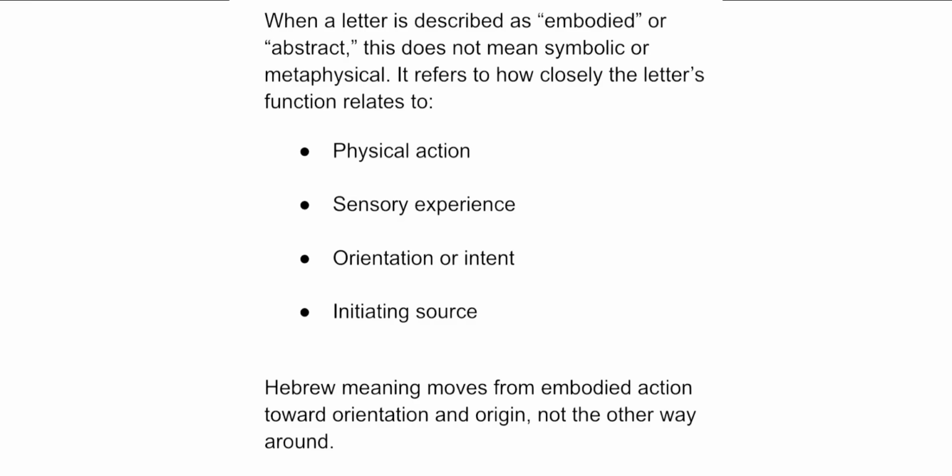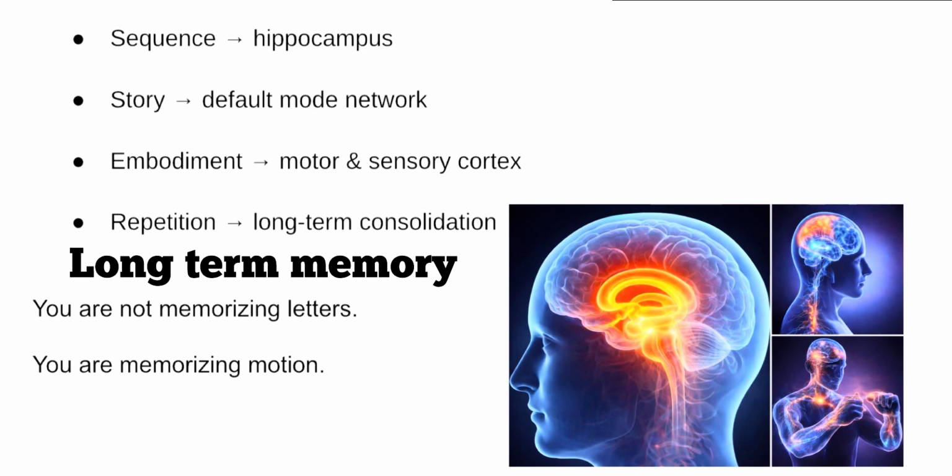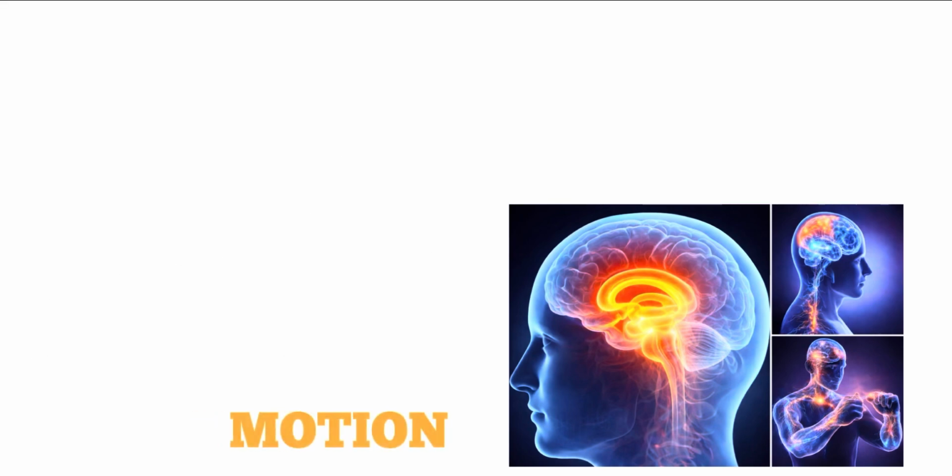Hebrew meaning moves from embodied action towards orientation and origin, not the other way around. This method uses sequence for the hippocampus, story for your default mode network, embodiment through your motor and sensory cortex, and repetition, which aids in long-term consolidation. You are not memorizing letters. You are memorizing motion.